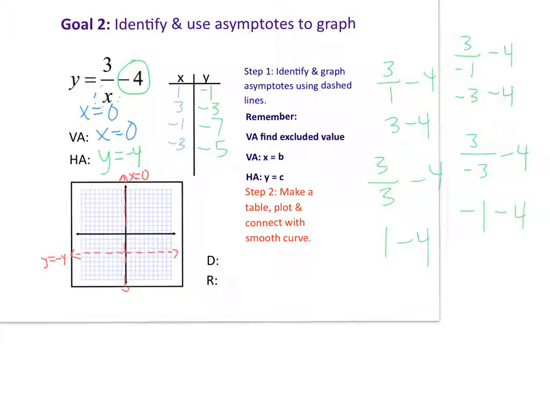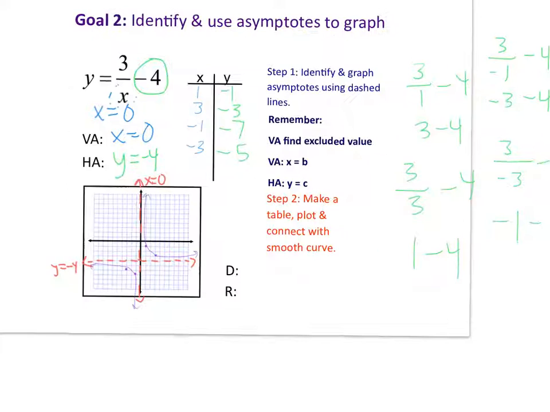I'm now going to go plot those ordered pairs on my graph below. So as you can see on the graph below to the left, I have my hyperbola in quadrants 1 and 4, and then 3. So they are still opposite of each other, and they again will not hit or touch those asymptotes. So let's determine the domain and range.